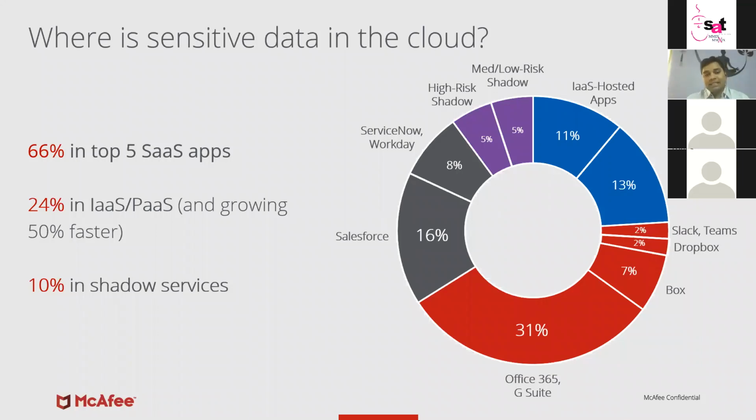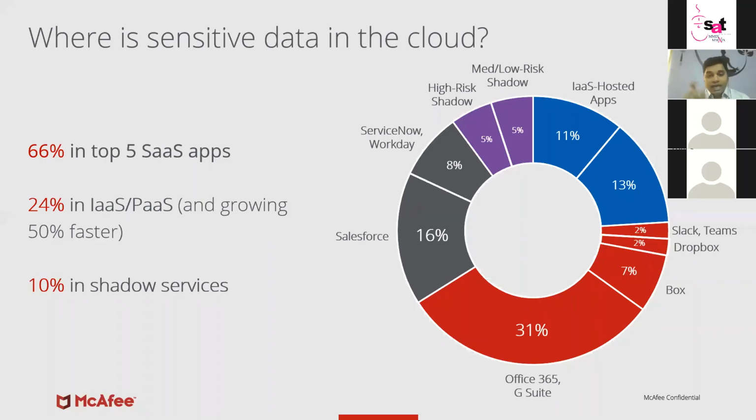Apart from SaaS, even in infrastructure as a service or PaaS, the data is getting stored there. 24%, I would say, is in the form of applications hosted there, or data lake solutions, which primarily use S3 buckets or Azure Blob to store the data from the applications, right? And this infrastructure as a service is one area which we see growing even faster than SaaS application adoption.